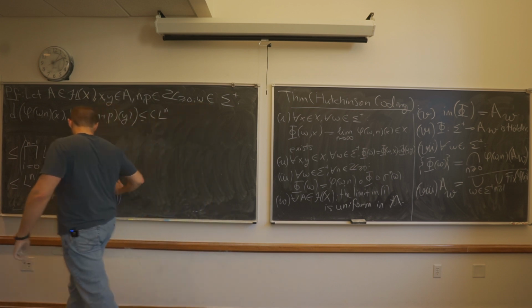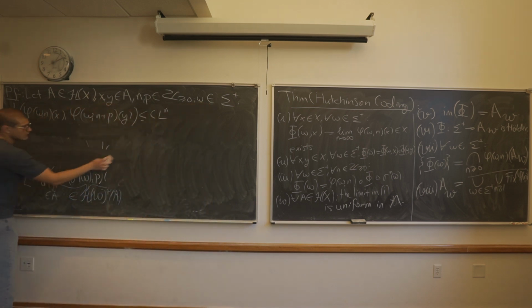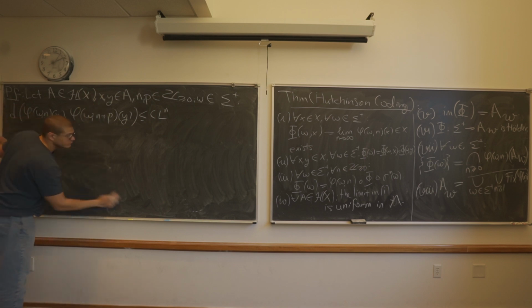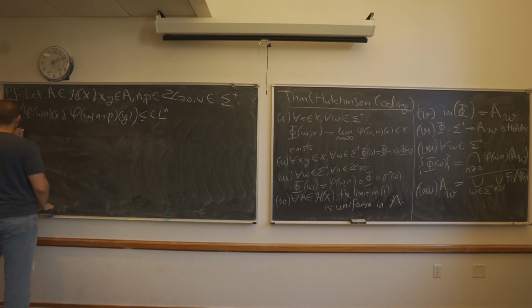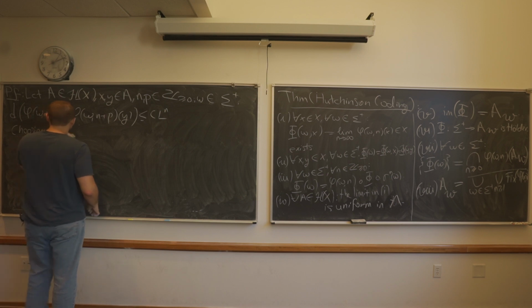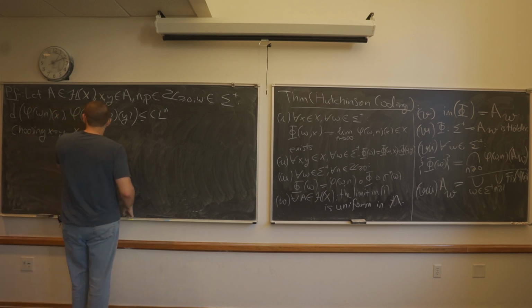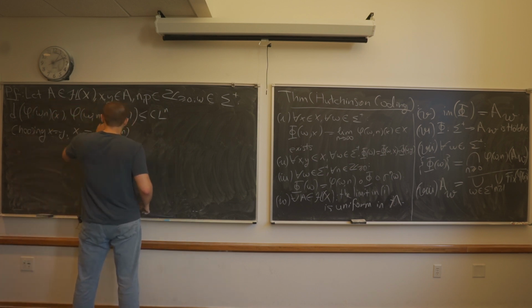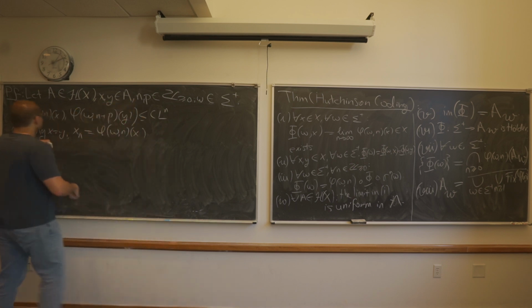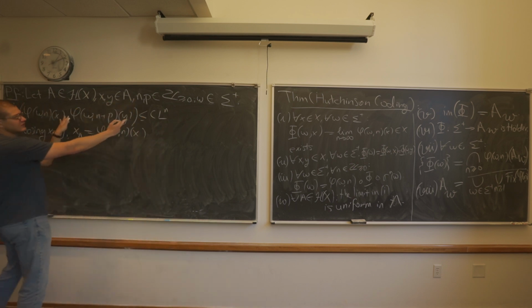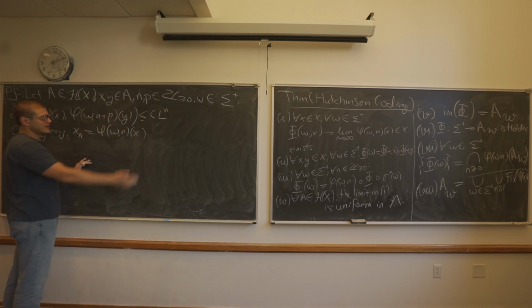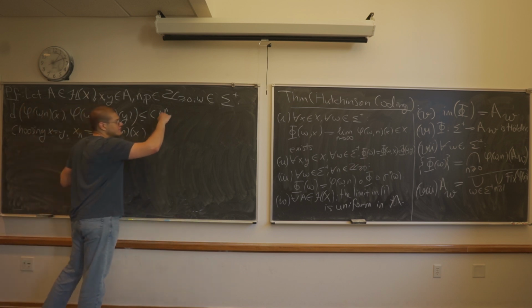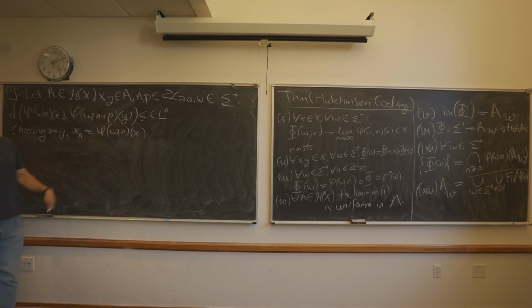In particular, if X is equal to Y, that means that I have a Cauchy sequence. So choosing X sub n defined by phi of omega comma n applied to X, this is the nth term of the sequence. This is the n plus pth term of the sequence. It is bounded by something that decays in n that doesn't depend on p. That means that it's Cauchy.